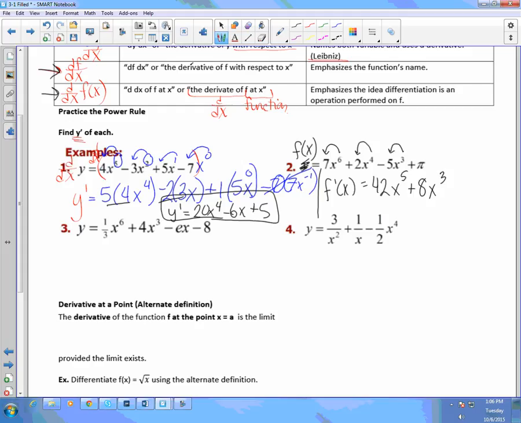Bring over the 3. What do we have? Negative 15 x to the 2nd power. How many x's are on pi? 0, because pi is a constant. We take the derivative of a constant, it's just 0. So there is our derivative.